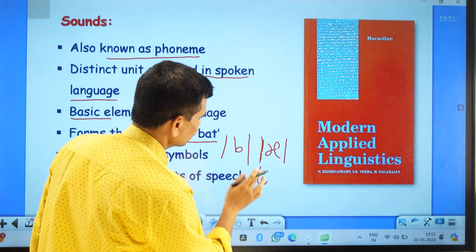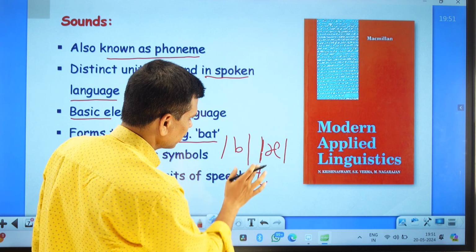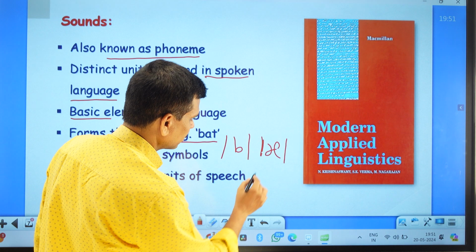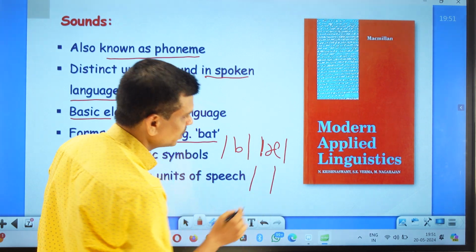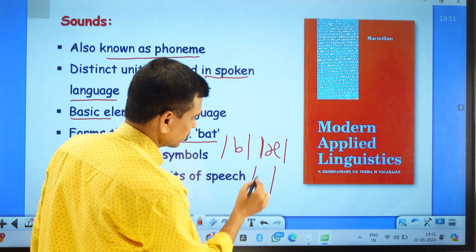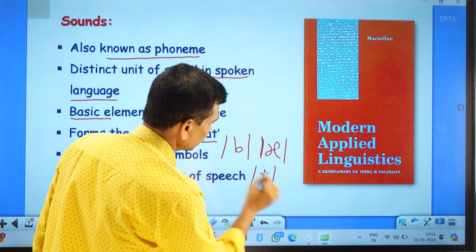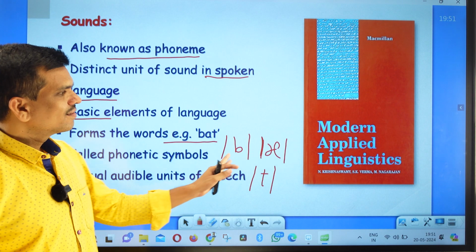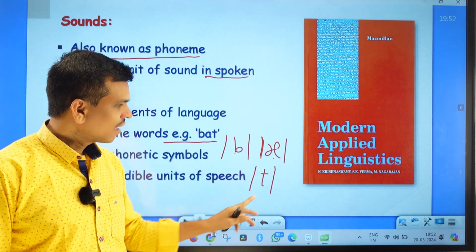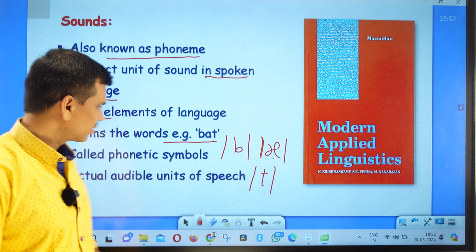This t sound can be represented in slanted lines. Generally we use slanted lines to give the symbols. Now this is the t symbol. These three sounds are there in the word bat: b, a, and t sound. So I hope you got the idea.